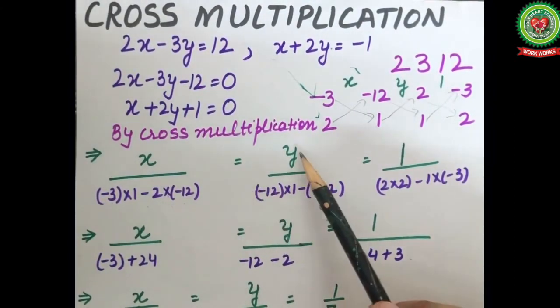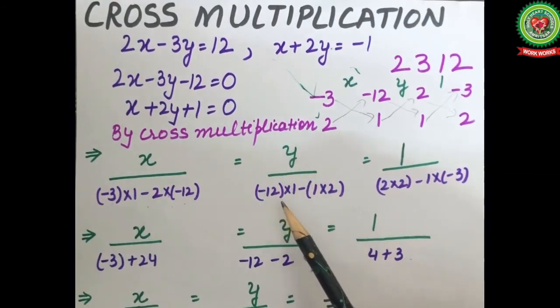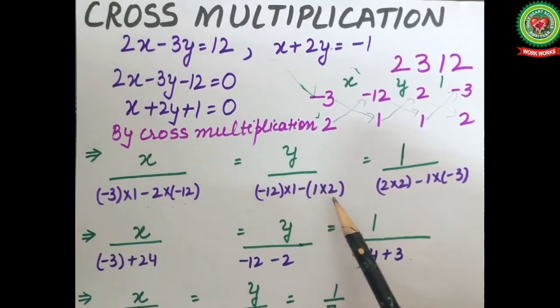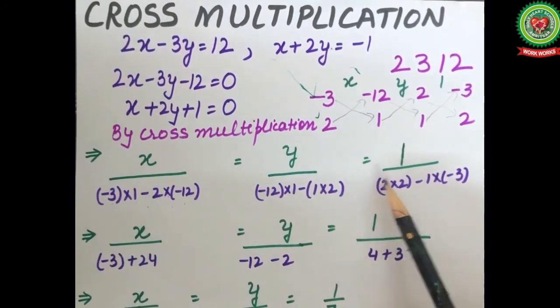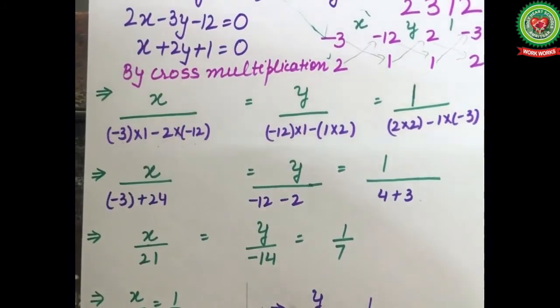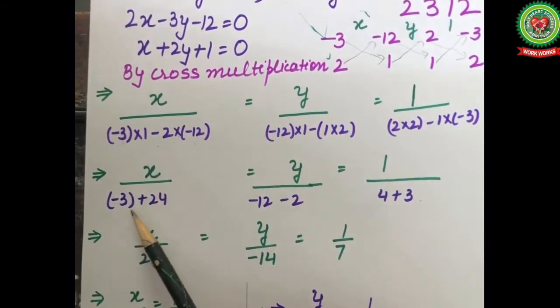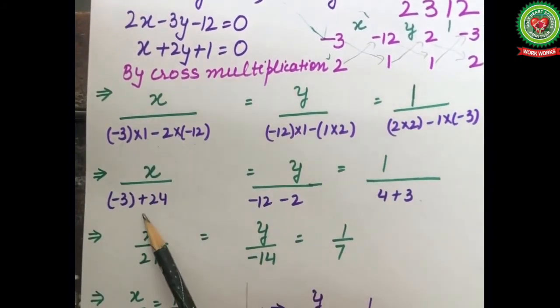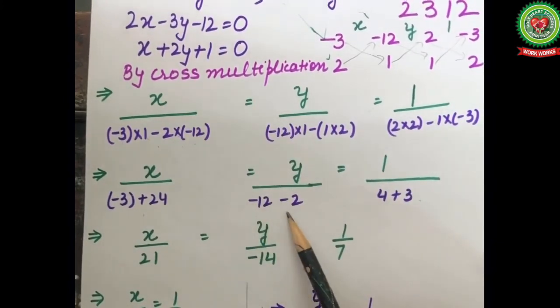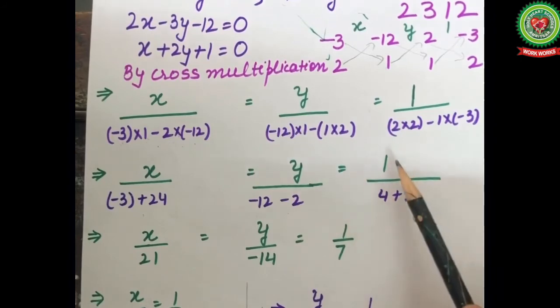equal to y upon minus 12 multiplied by 1 minus 1 multiplied by 2 equal to 1 upon 2 into 2 minus 1 into minus 3. So we get x upon minus 3 plus 24 equal to y upon minus 12 minus 2 equal to 1 upon 4 plus 3.